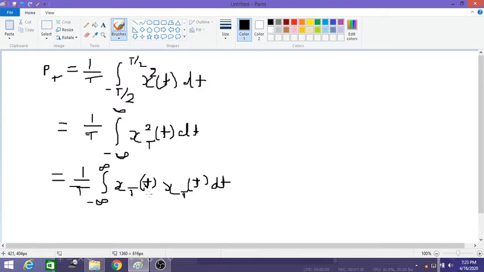Now from the previous definition, I'm going to apply the inverse Fourier transform to one of the terms.